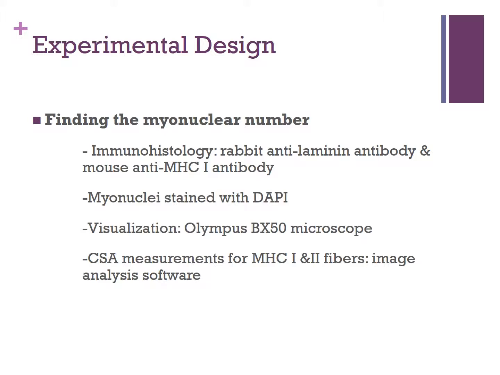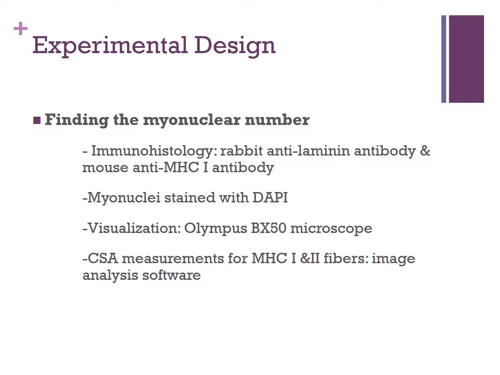More importantly, though, the tissues were incubated for 60 minutes with rabbit anti-laminin antibody and also mouse anti-MHC1 antibody. And then after that, the tissue samples were also incubated for 60 minutes with secondary antibodies and stained with DAPI.